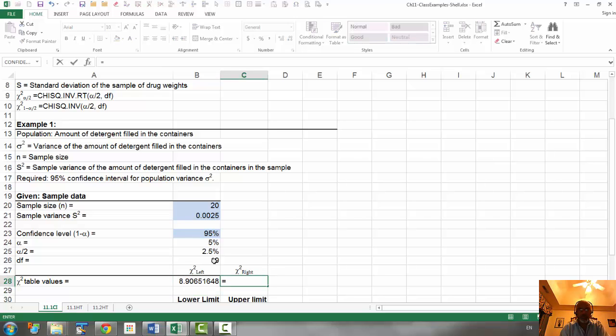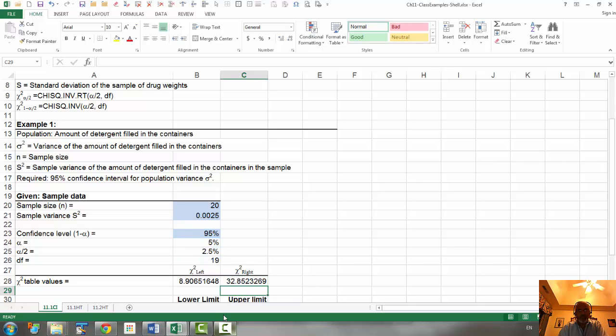For the right side chi-squared value, we can use CHISQ.INV.RT. Once again, since this is a confidence interval and the alpha value gets divided into two tails, we have to take alpha over 2 and then the degrees of freedom.